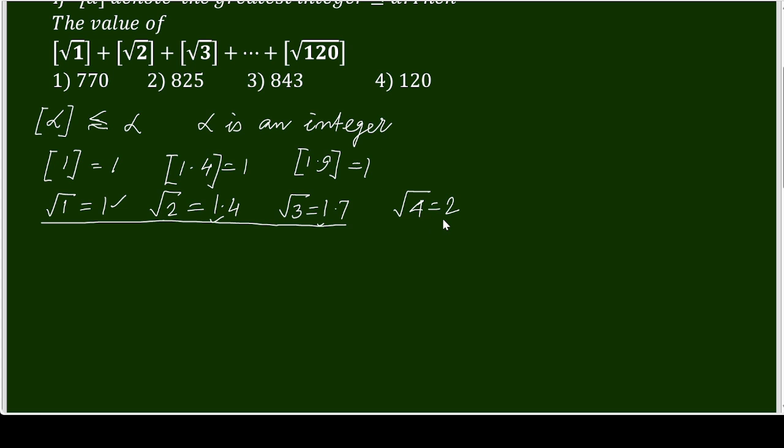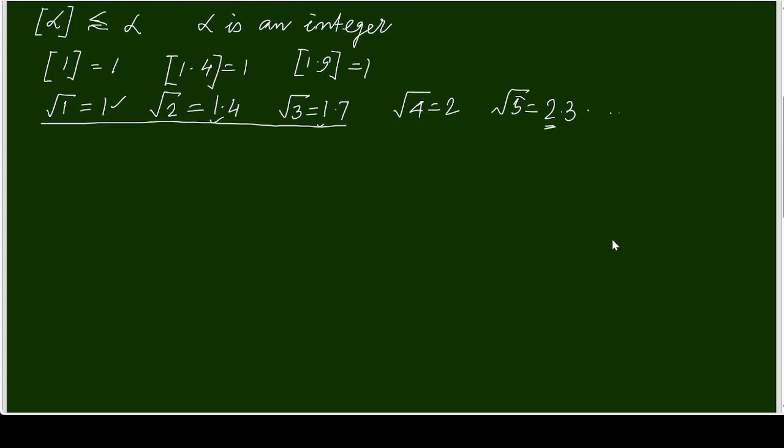Similarly, for square root 4 the floor function will give you 2, and also for square root of 5, which is approximately 2.3, again it will give the value 2. Up to square root 8, it gives you 2.